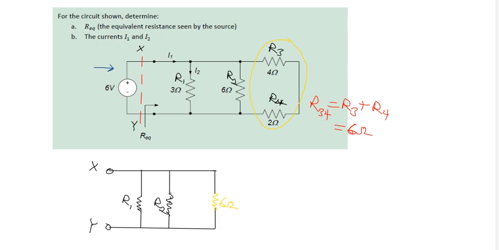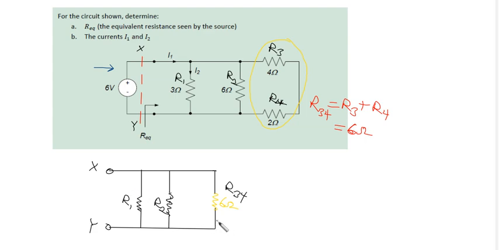Yes, that is correct. And this one is R34, which we have done. So you can see that every other thing we have left now is in parallel. So you just apply the parallel combination here to get the equivalent resistance.